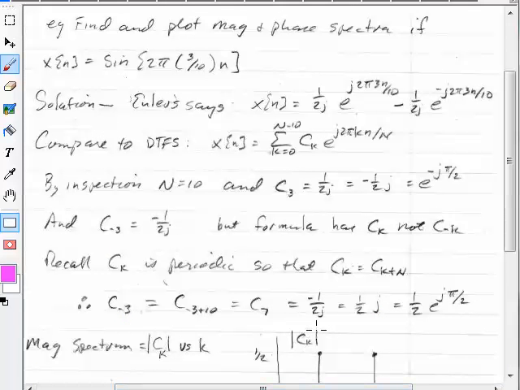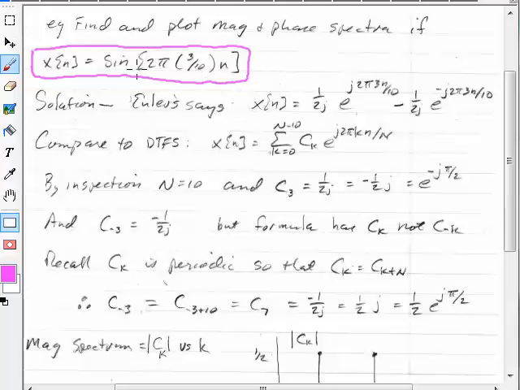All right, well, let's work out a couple of simple examples. Find and plot the magnitude and phase spectrum for this signal. We're just going to plug this signal into the discrete time Fourier transform. If you ever see a signal that's made out of sines and cosines, your first thought should be to see if it directly maps into the Fourier series itself.